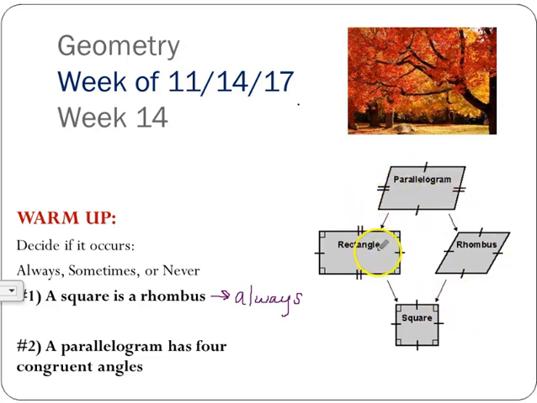So because a rectangle does and a rhombus does not, that puts us in the category of sometimes. Rhombuses do not have 90-degree angles, rectangles do, so it is sometimes that a parallelogram will have four congruent angles. These guys do. This one does not, so it's sometimes. All right, I'm going to go on to the next slide, so if you need more time, go ahead and click pause, otherwise I'm moving on.